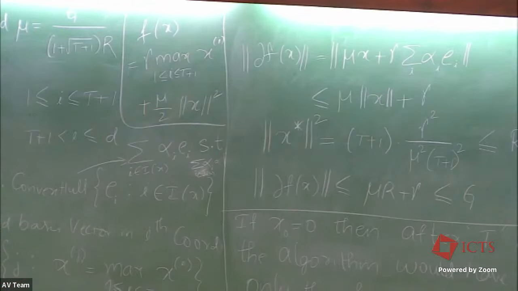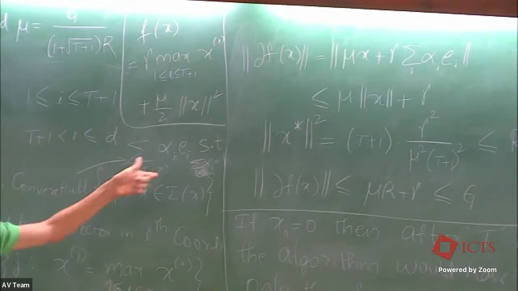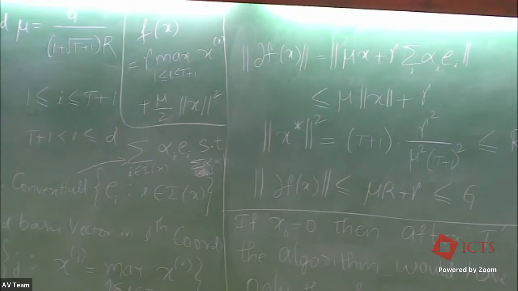In any case, what you can argue is that the subgradient, so the max in the next iteration, will be achieved either in the second or all of the other coordinates. Okay, and then the subgradient the second time will again be in the span of the first two different coordinates.